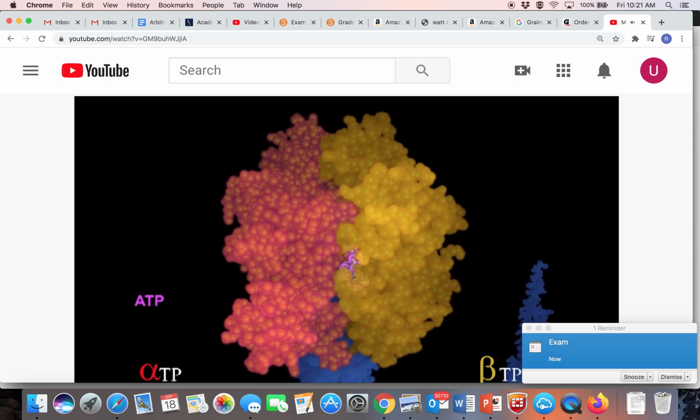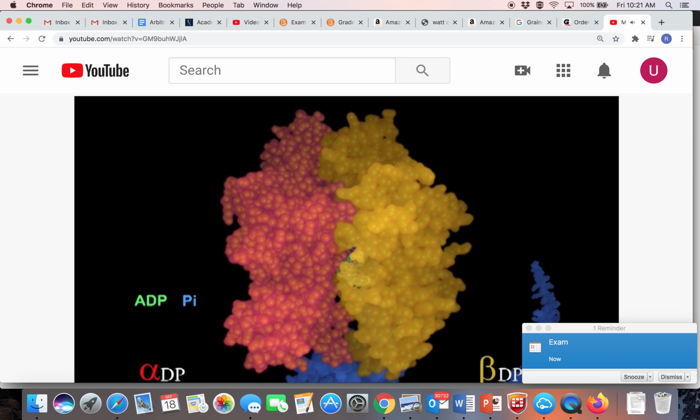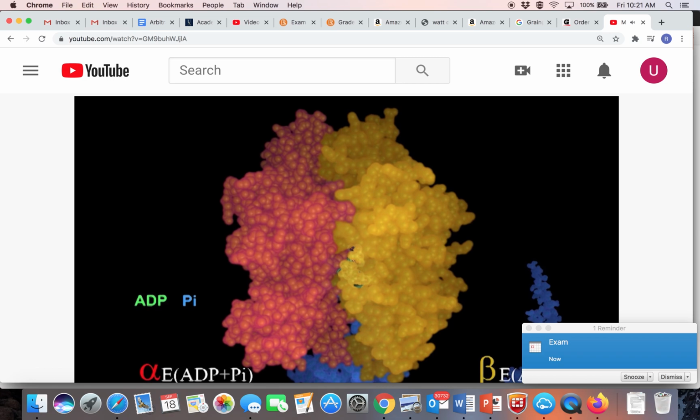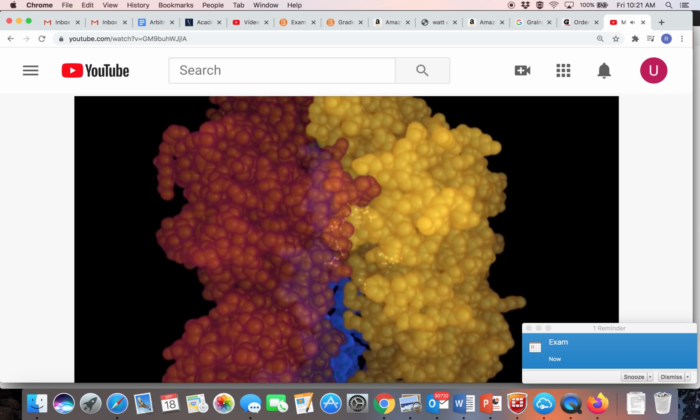Open, loose, tight. And then back to open, and ATP gets released.